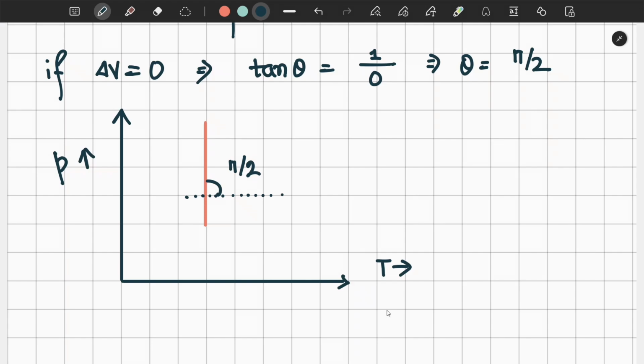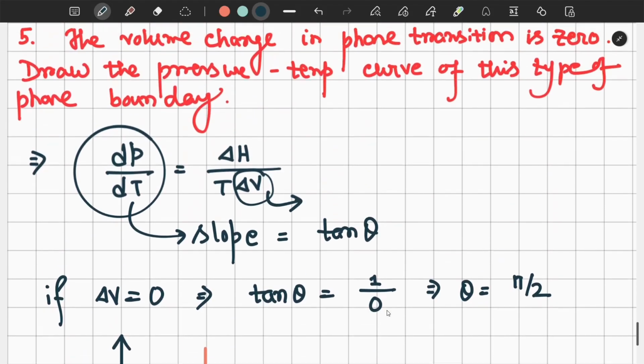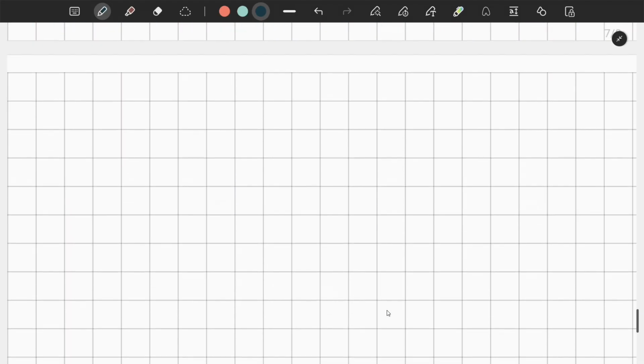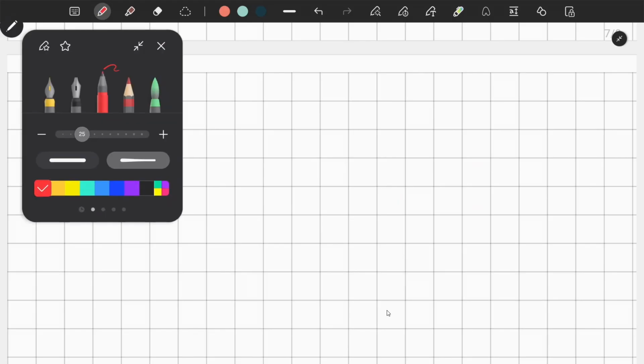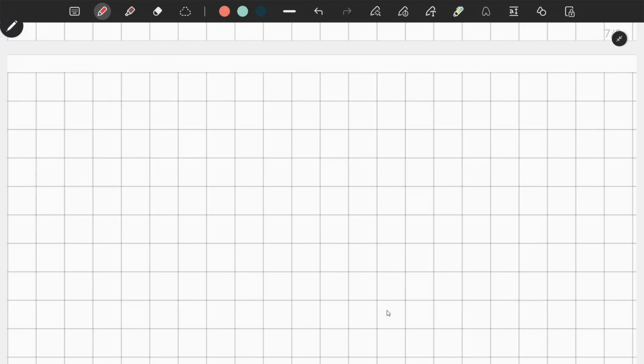Okay. So one more question from the phase diagram, then we can discuss that activity part.